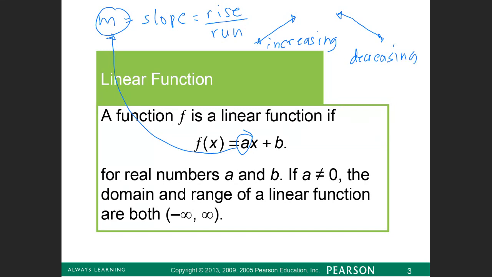The last one is the horizontal line, which is the constant. So talking about slope here, slope on the increasing function would be positive. And talking about the decreasing function, our slope here is negative because it's going downward. In constant, the slope here, m is equal to 0.